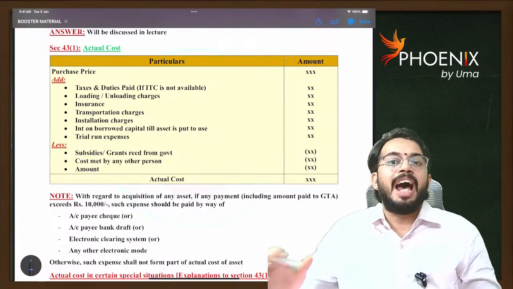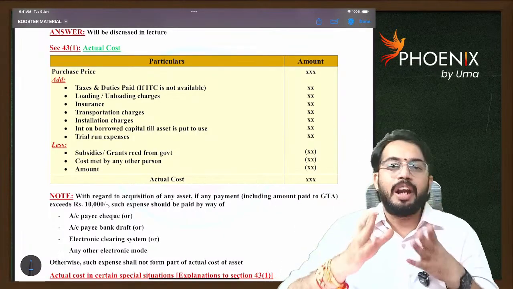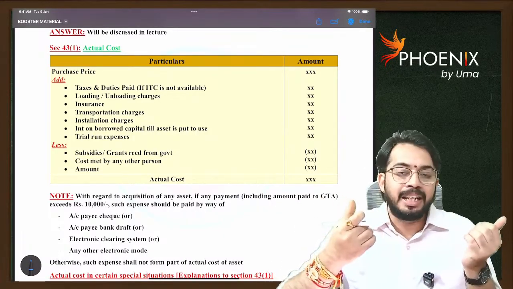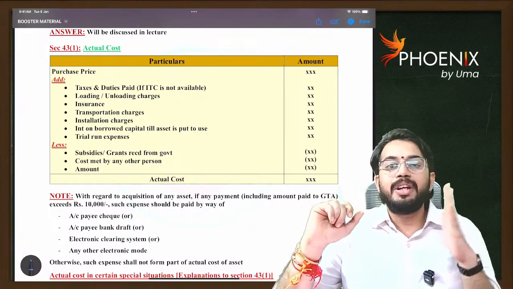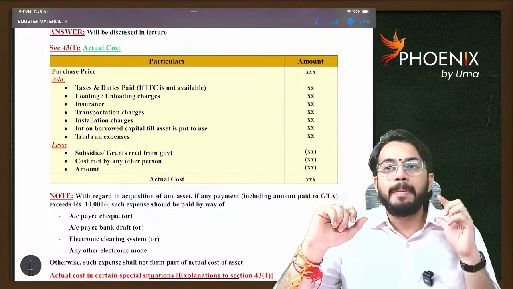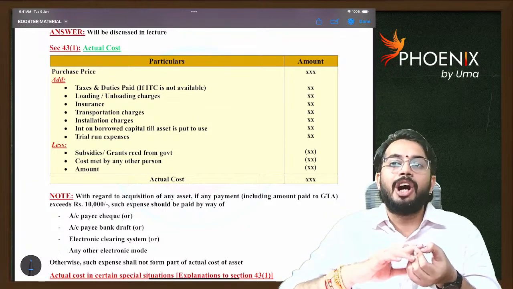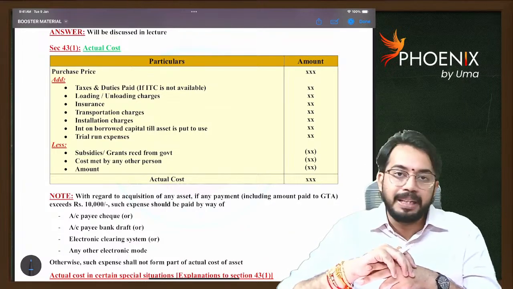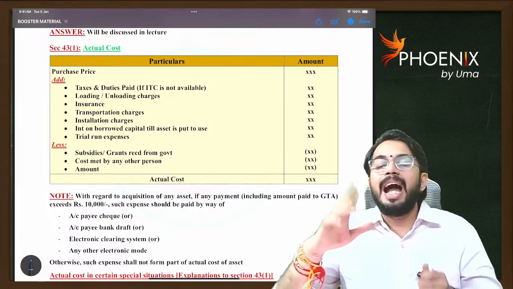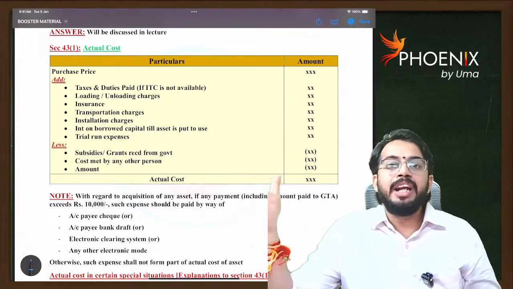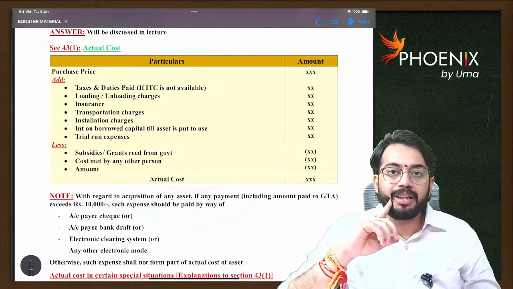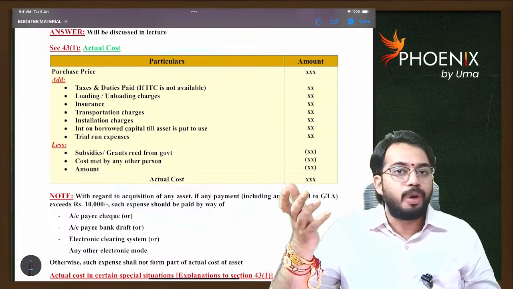How to determine actual cost of the asset? You already know, whenever you purchase any asset, additions are there. How to calculate value of additions? Whenever you purchase any asset, to the purchase cost you will add incidental expenses. I purchased one manufacturing machinery from Mumbai, and I need to bring that machinery to Hyderabad. So purchase cost is 1 crore rupees.